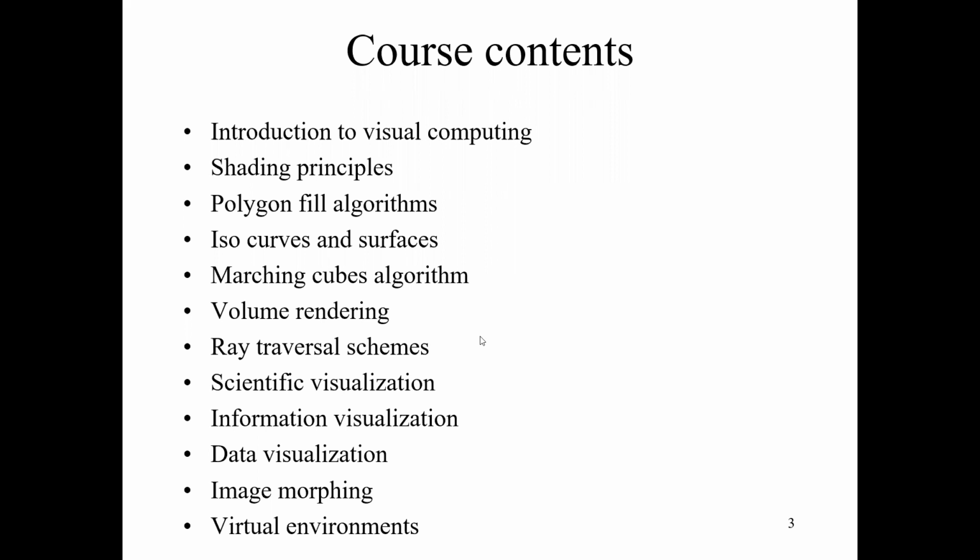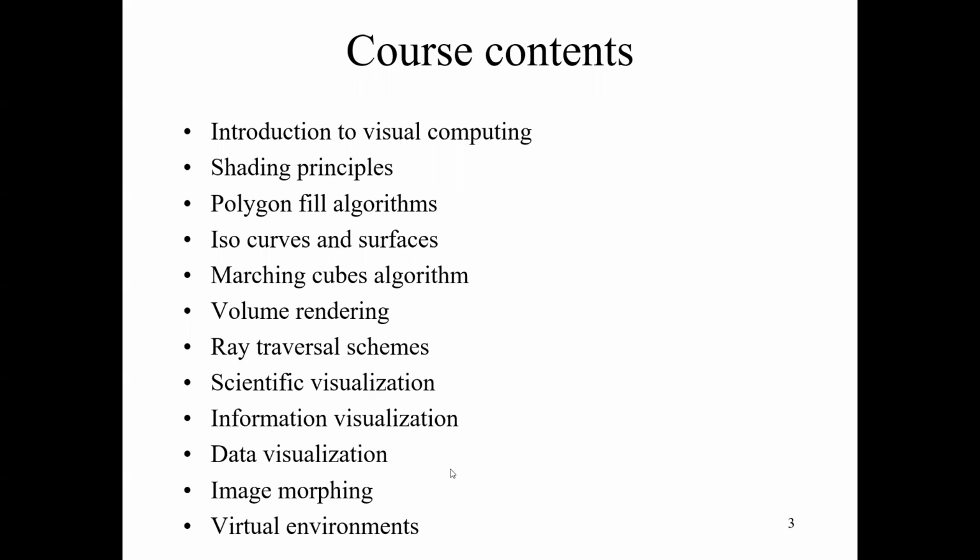Volume rendering, probably a new thing for you. Ray traversal scheme, sometimes you may have heard about this, right? Part of this has to be done when you are doing Z buffering or the hidden surface removal algorithms under computer graphics. And then scientific visualization, information visualization, and data visualization.